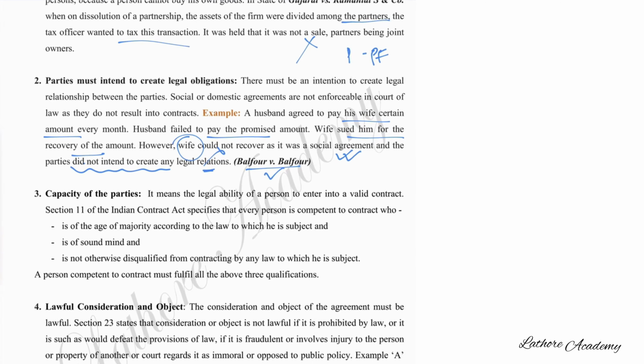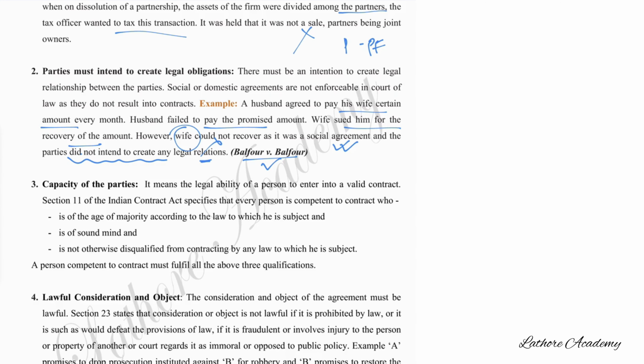Then moving on to the next essential, the capacity of the parties to the contract. Students, the parties to an agreement must be competent to contract. So, in other words, they must be capable enough to enter into a contract.